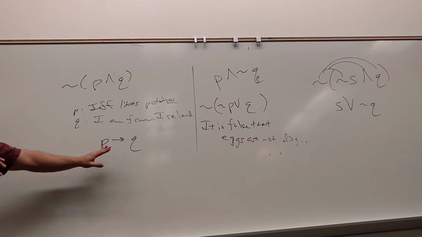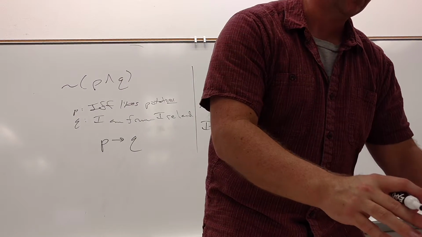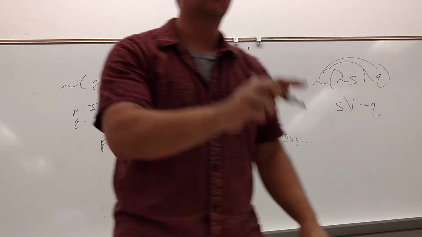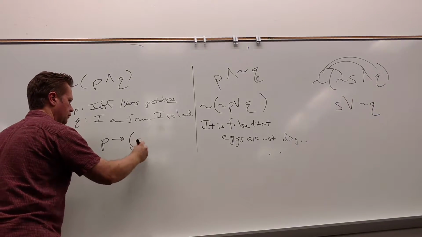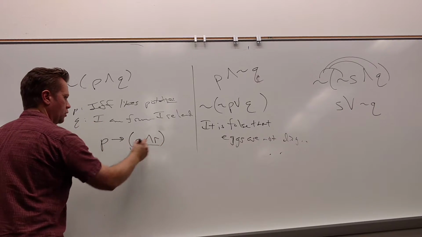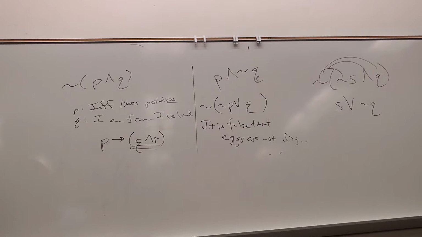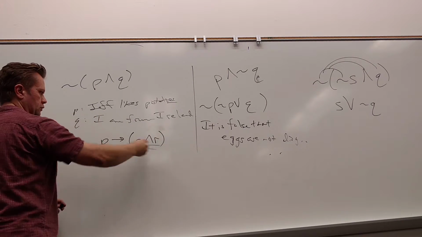If it was just if P then Q, just move them around. If Q, then P. Beautiful. So yours is this here, right? So if you think of this whole thing as one thing, the converse would just be positive. You're just going to flip them and think of this as one thing.